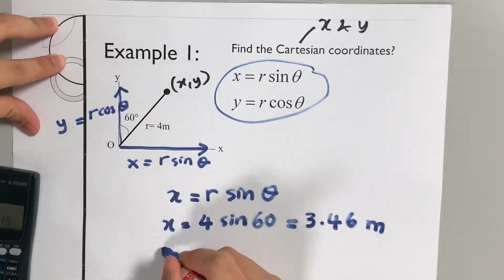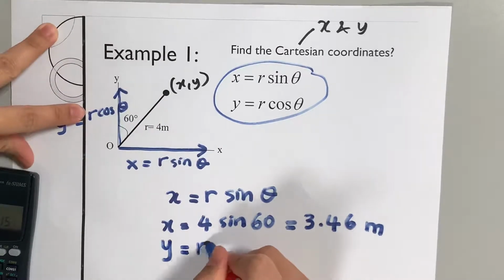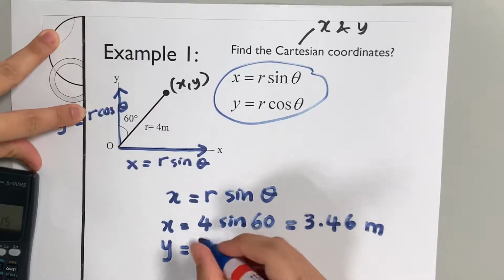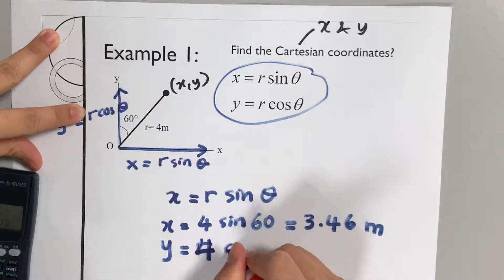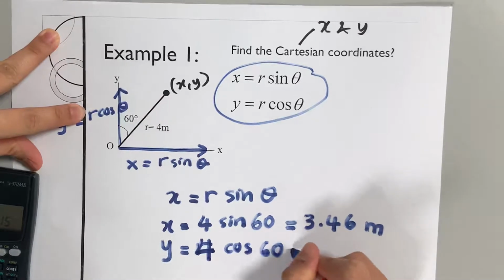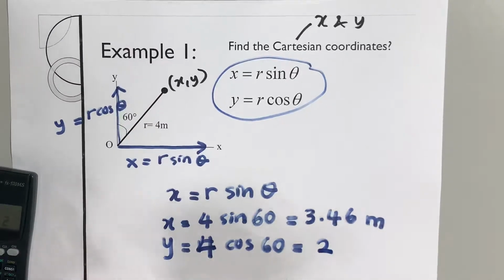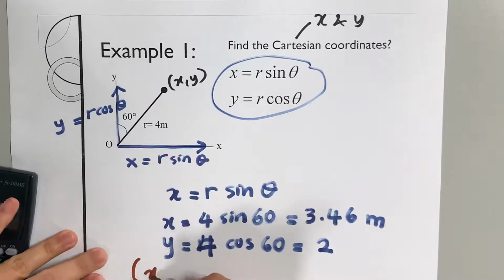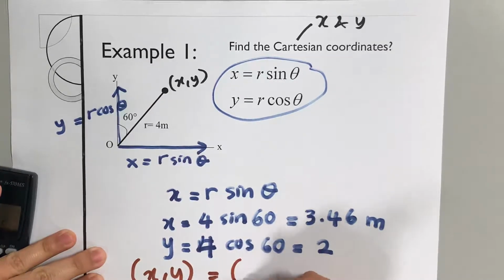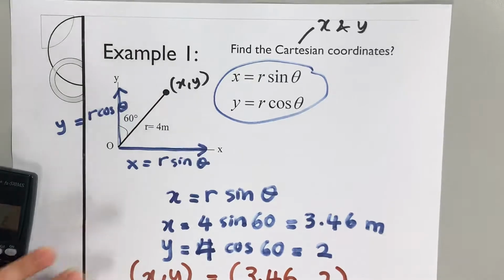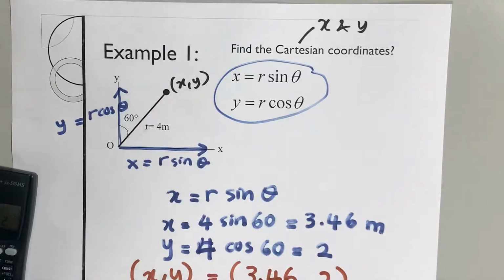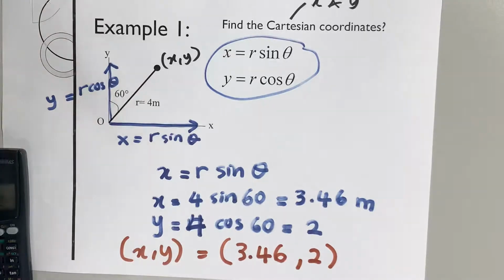For the y-axis it is r cos theta, which means 4 cos 60 is equal to 2. So your x and y coordinate is equal to 3.46 and 2. That's how you find Cartesian coordinate.